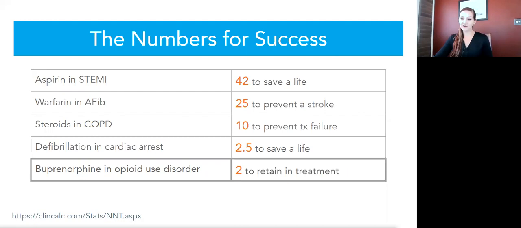With a defib in cardiac arrest, 2.5 to save a life. And when you look at Bupe for opioid use disorder, it takes 2. We have to give it to 2 patients to retain 1 in treatment. Those are really great numbers. And when I look at someone retained in treatment, that is a patient's life saved because they are at such a lower risk for overdose if they are in treatment.